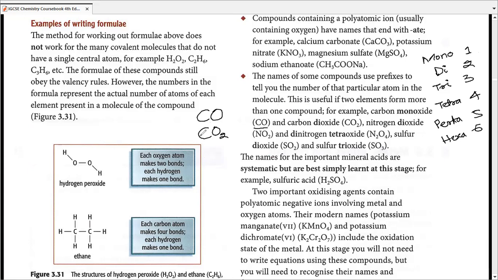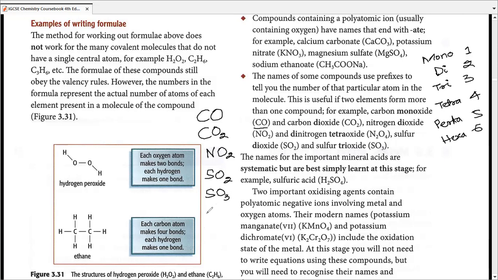Since the first element has only one atom, it is going to be carbon dioxide. This is going to be nitrogen dioxide. This is going to be sulfur dioxide. I hope that makes sense. Sulfur trioxide.